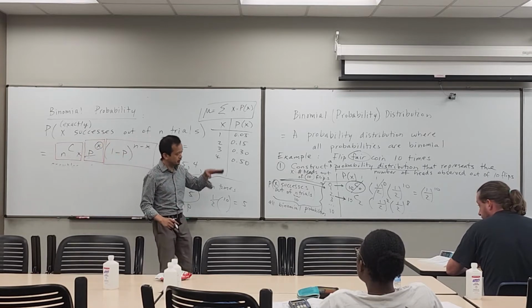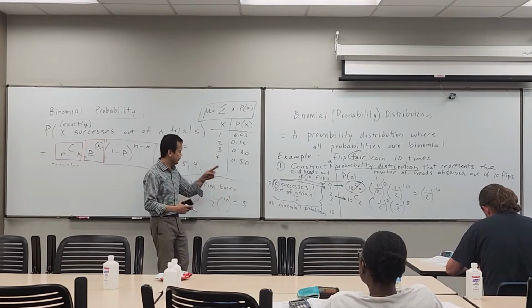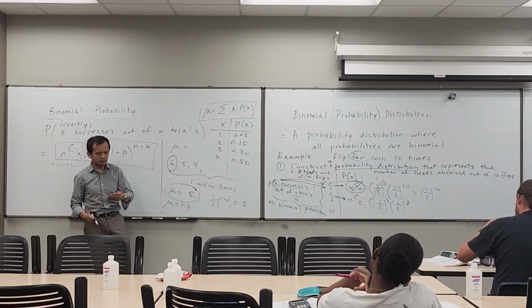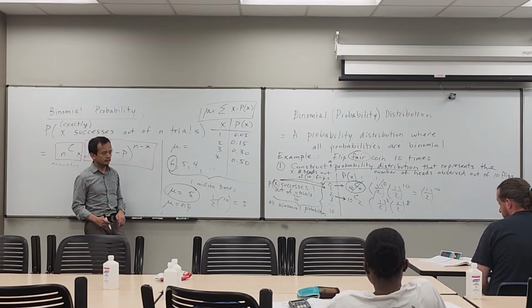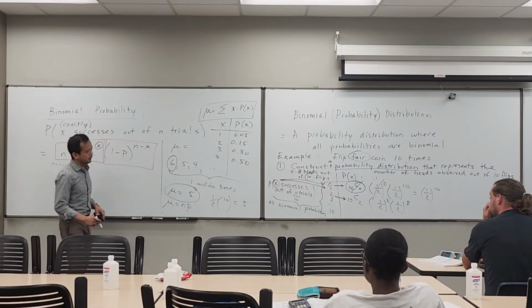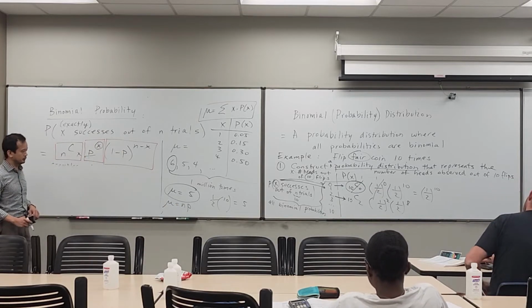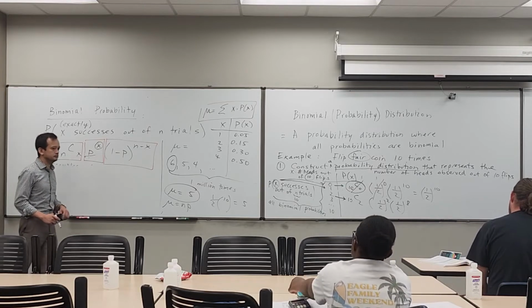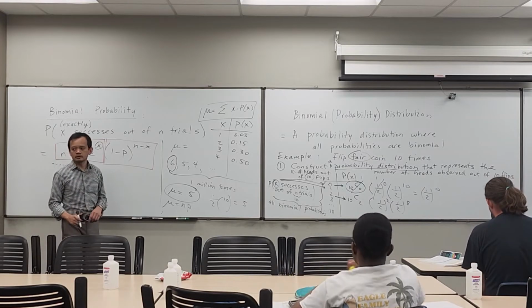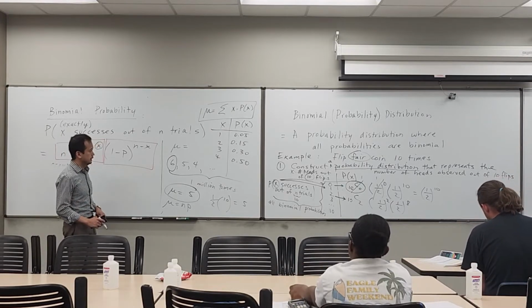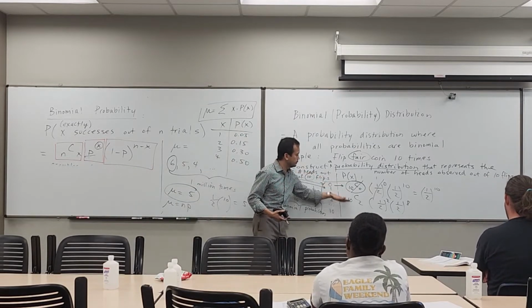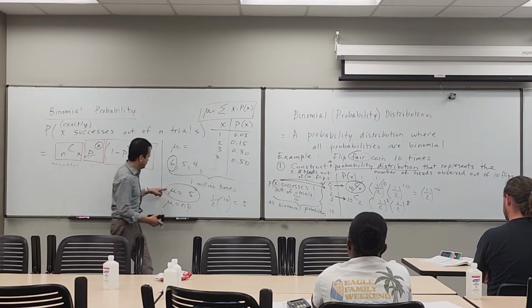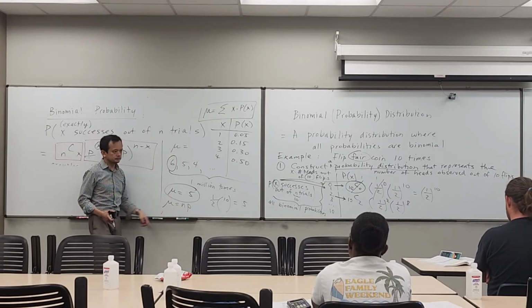It turns out that exactly the same situation where to find the mean of that particular binomial distribution, still the same formula. So is it? Yep. Okay. And we'll see an example of that in the next thing we do. Questions? So any binomial probability distribution, or all the probabilities are binomial probabilities, to find the mean, it's simply n times p.